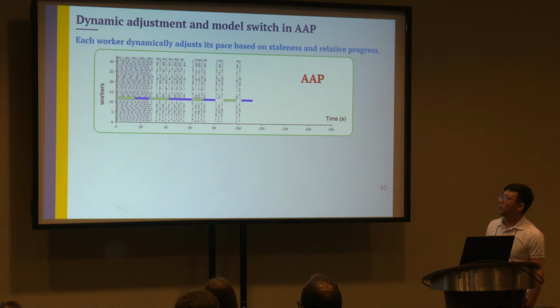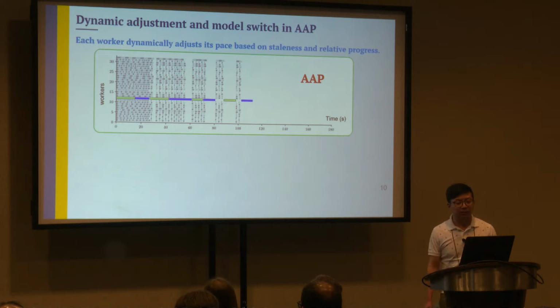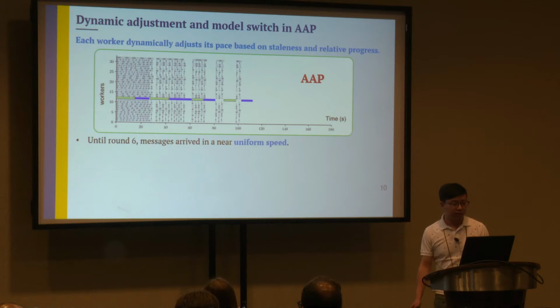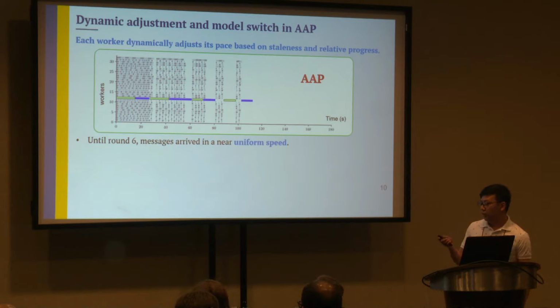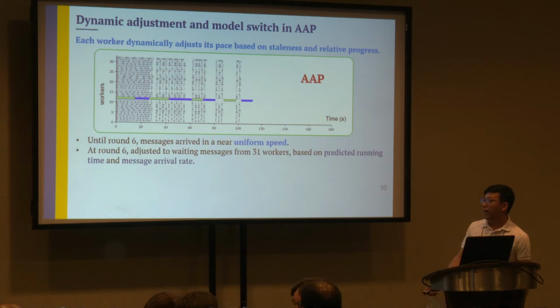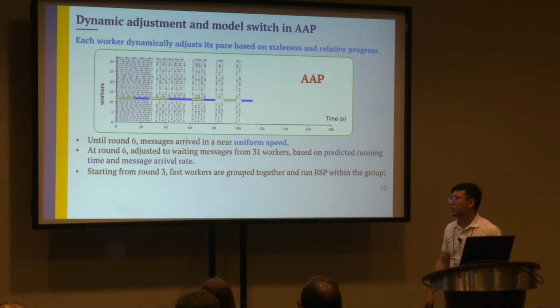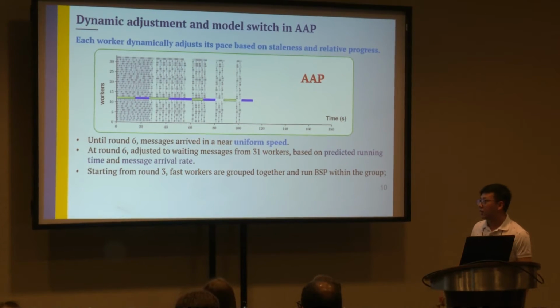Now let's see AAP. In AAP, each worker dynamically adjusts its pace based on the staleness and the relative progress. From the figure, we can observe that until round 6, the messages arrive at a near uniform speed. At round 6, P12, the straggler, adjusts to wait for messages from 31 workers based on predicted running time and message arrival rate.